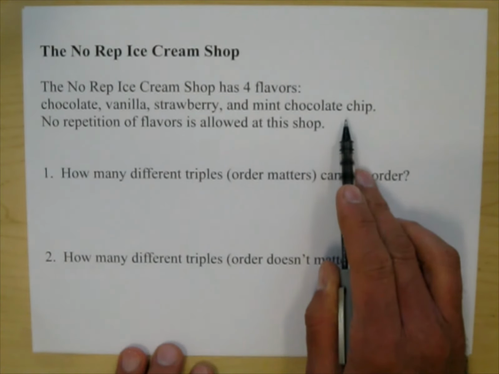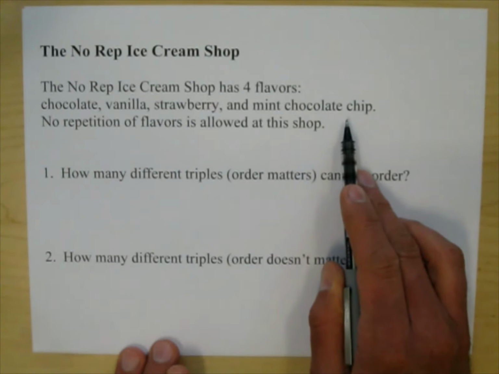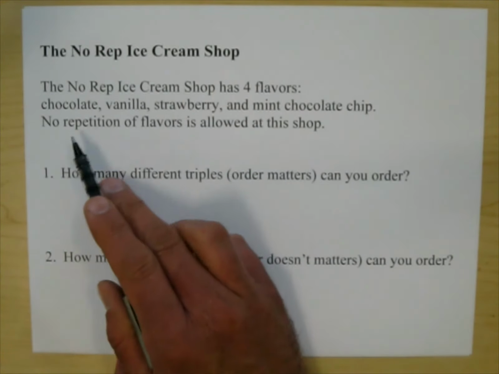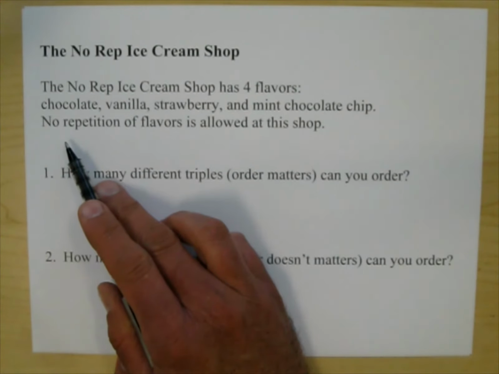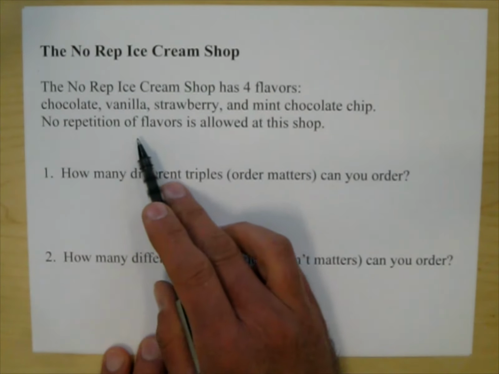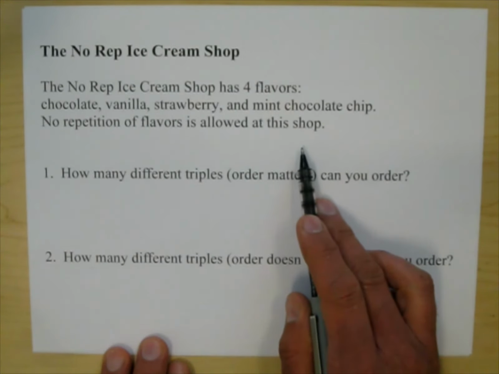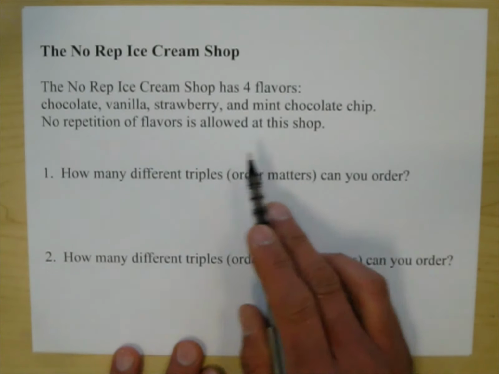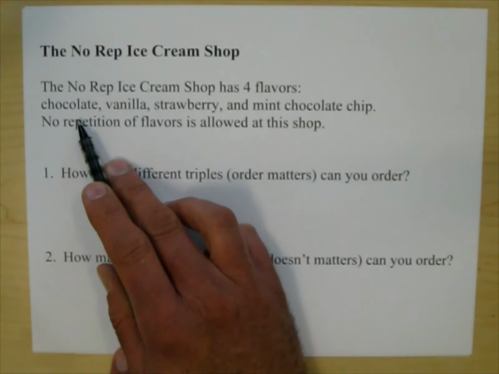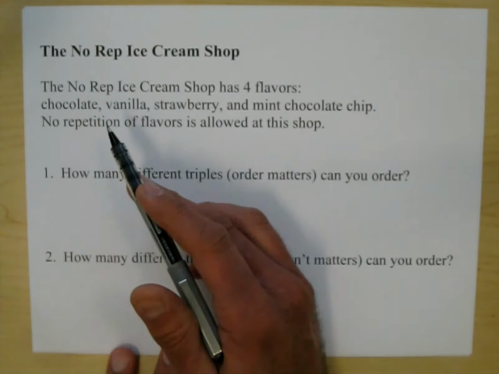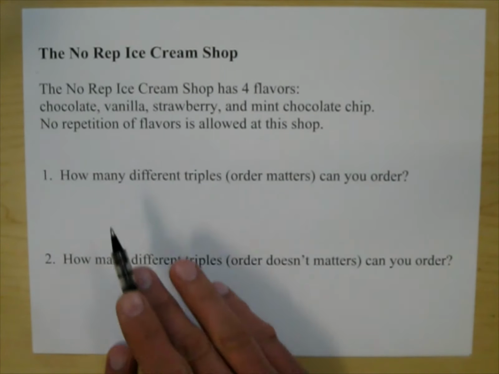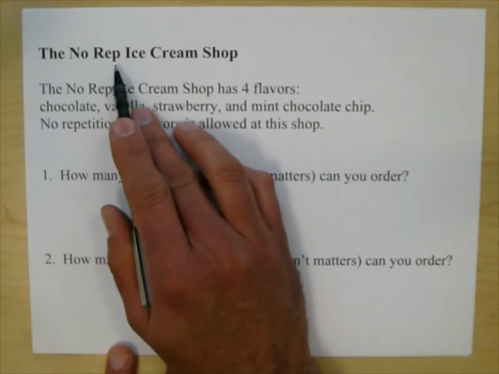Doesn't look like they'll stay in business, but this is just for the sake of this problem. They're called the No Rep Ice Cream Shop. No repetition of flavors is allowed at the shop. So if you say, hey, I want a double chocolate, they'll kick you right out. That will certainly put them out of business. But anyway, we have a No Rep Ice Cream Shop.